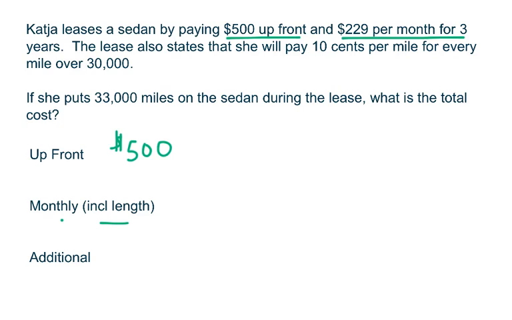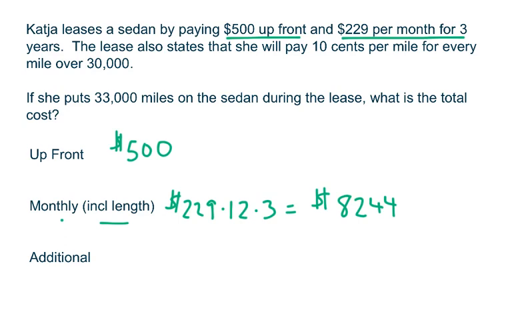So here she paid $229 every month, so that's 12 times a year for 3 years. So if we multiply all those together, we get $8,244. Those are her monthly costs over the length of the lease.